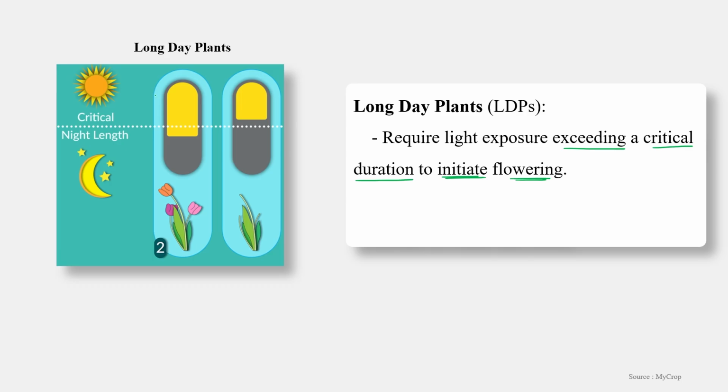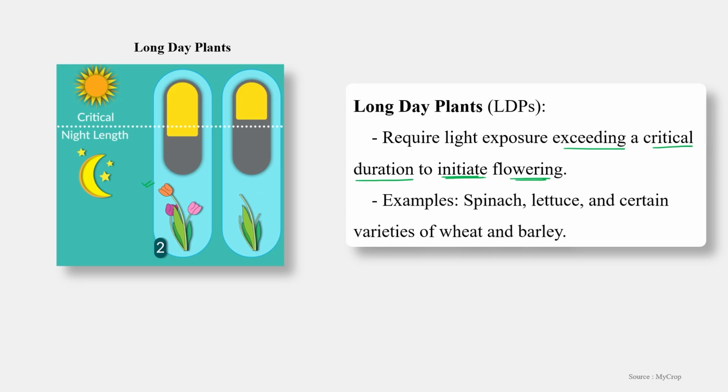So a long day plant requires more light exposure exceeding a critical duration. Only if more light is available is it able to initiate flowering. If light is less than the critical requirement, then there is no flowering.